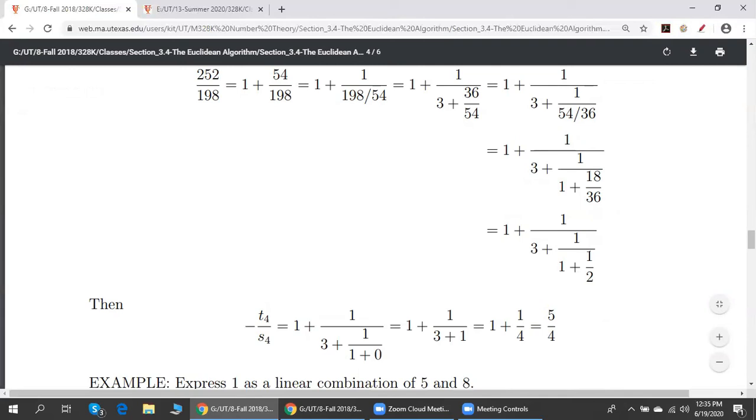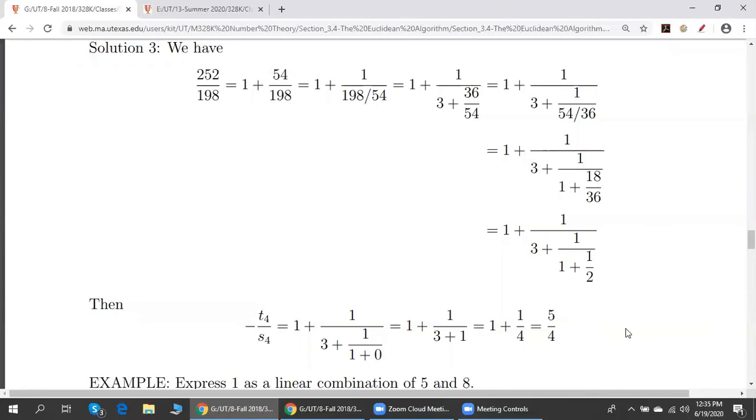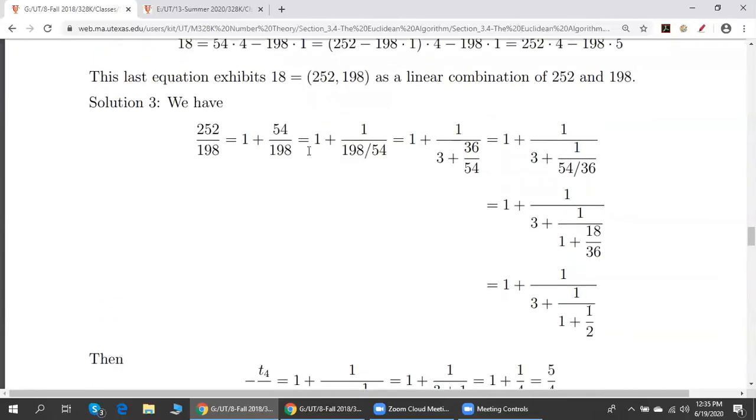Very good question. I would recommend the following approach. So, bigger number is this, smaller number is this.